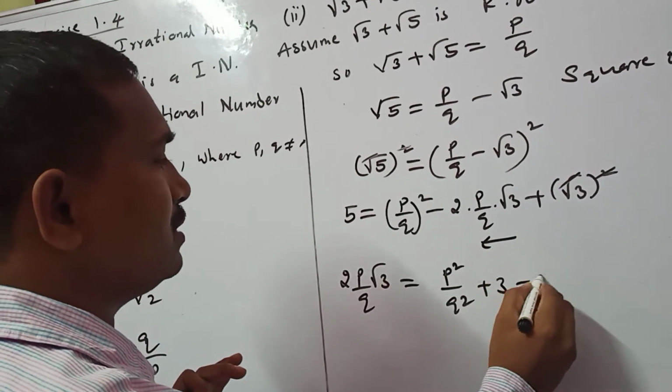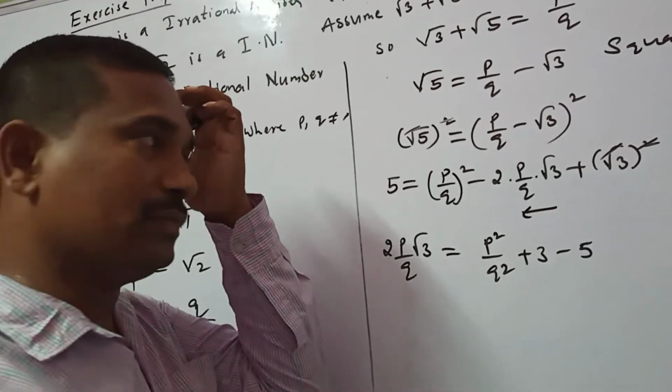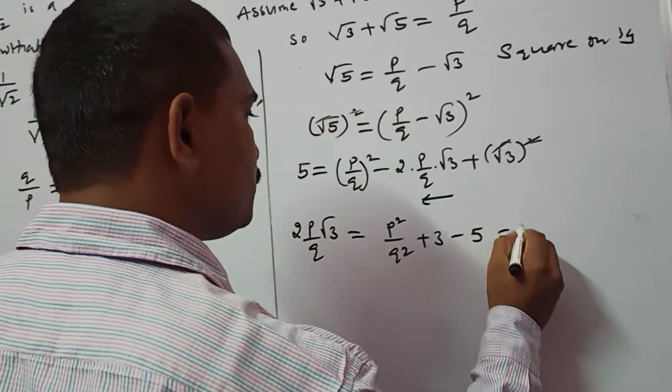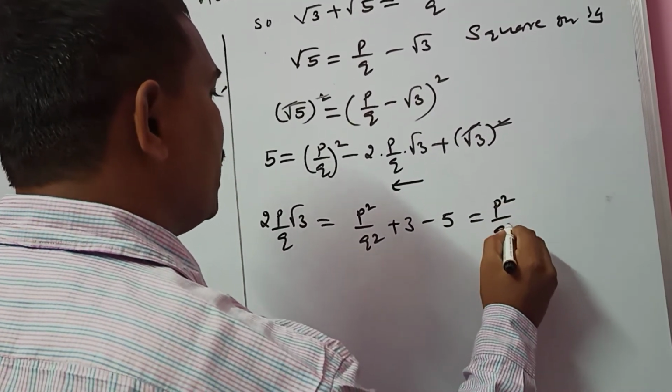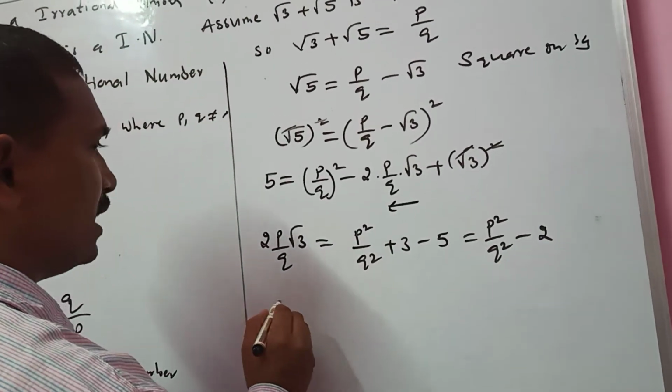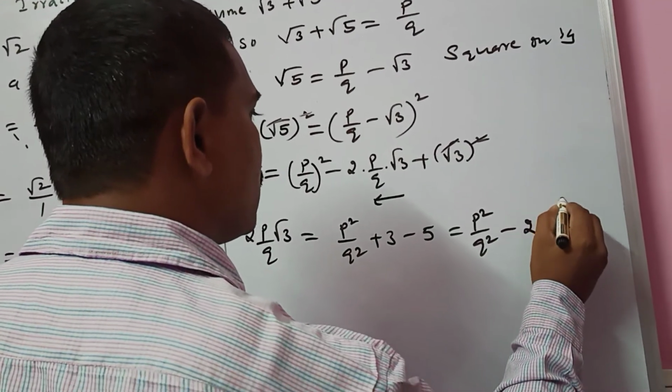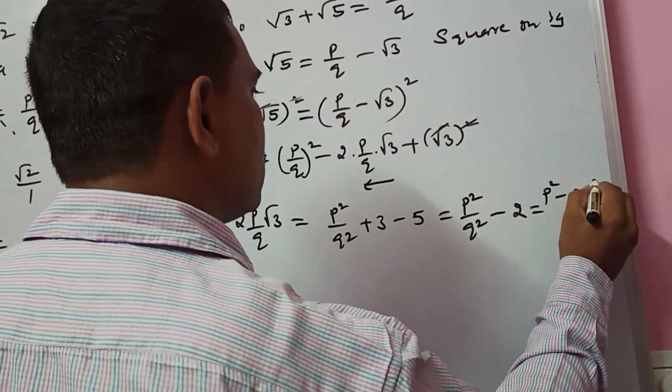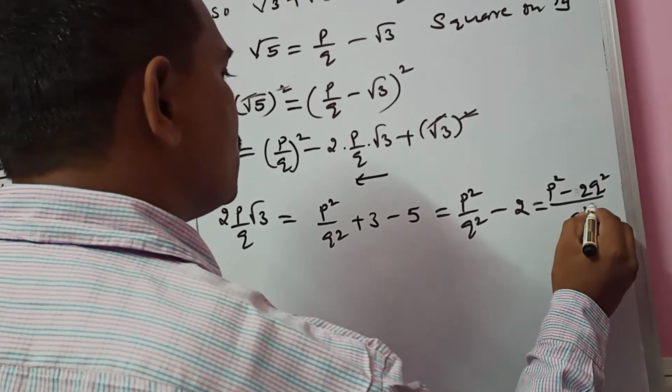This plus 5 becomes minus 5. So that means p square by q square, 3 minus 5 is minus 2. Take the LCM: p square minus 2q square by q square.